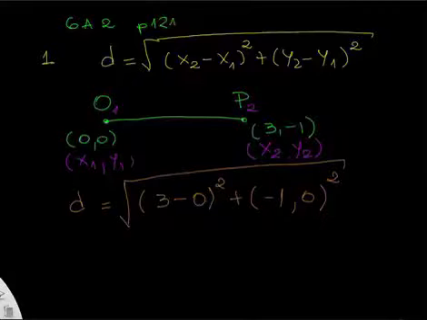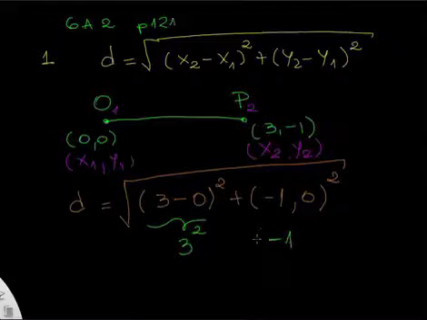Now we just have to simplify the equation. This is going to become 3 squared and (-1) squared. I'm squaring the whole negative number, so I make sure not to forget the bracket, because if I forget the bracket, I'm making the mistake of subtracting the square instead of adding the squares, and that will give me a wrong answer.